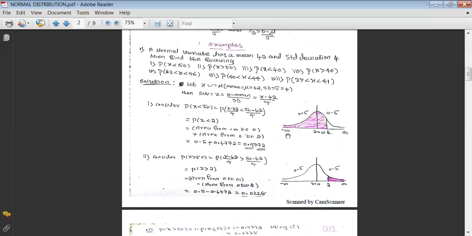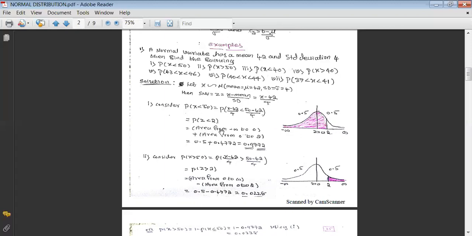In this case, we want the area from minus infinity to 2. This can be written as the area from minus infinity to 0, that is the left half, plus the area from 0 to 2.